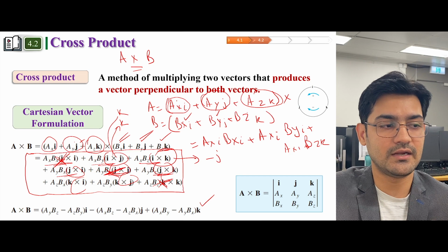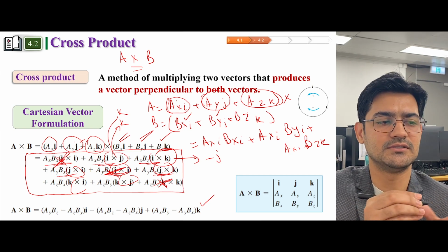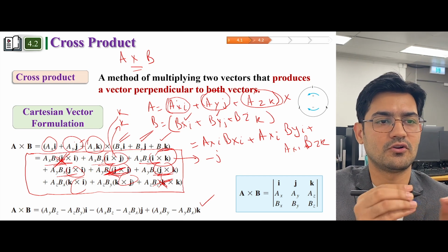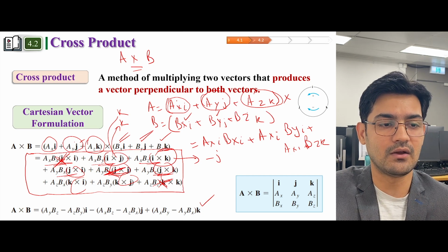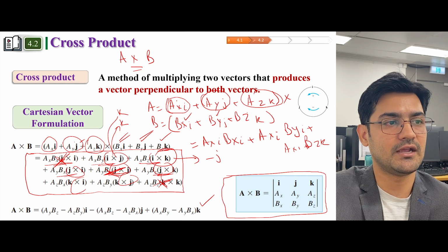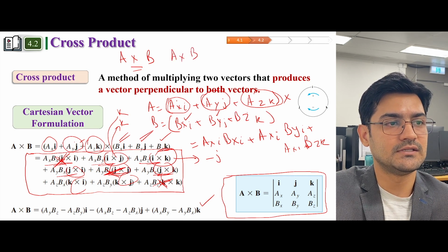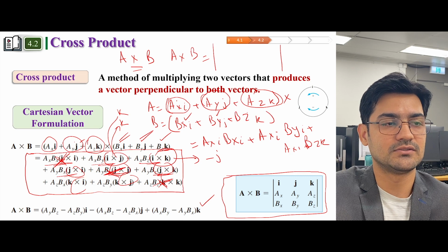Instead of doing multiplication and instead of doing the cross product of different units, we can just write it down in terms of this matrix. So if you have studied matrices, you can easily write it down in the form of a matrix. On the first row you will put i, j, k, then you will put the components of A, which are AX, AY, AZ, and then the components of the second vector, which are BX, BY, BZ.